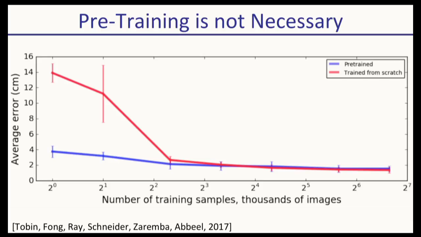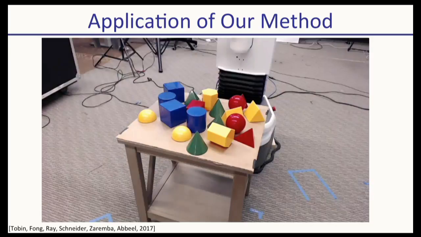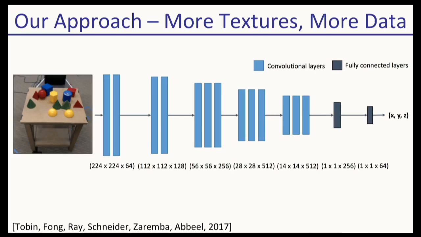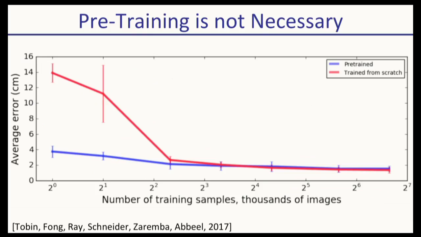One way to think of it is that there's some implicit pre-training on ImageNet, because the architecture we use, a wiring of the neural net, had been proven successful on ImageNet. And so that wiring we're reusing. And we didn't optimize the wiring in simulation. The wiring was chosen as is. Yeah, there's no reason not to use it, except that maybe you don't benefit much from it in this case.